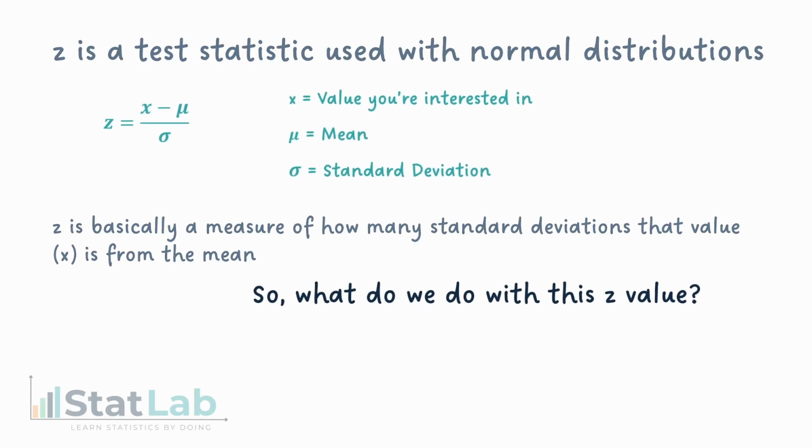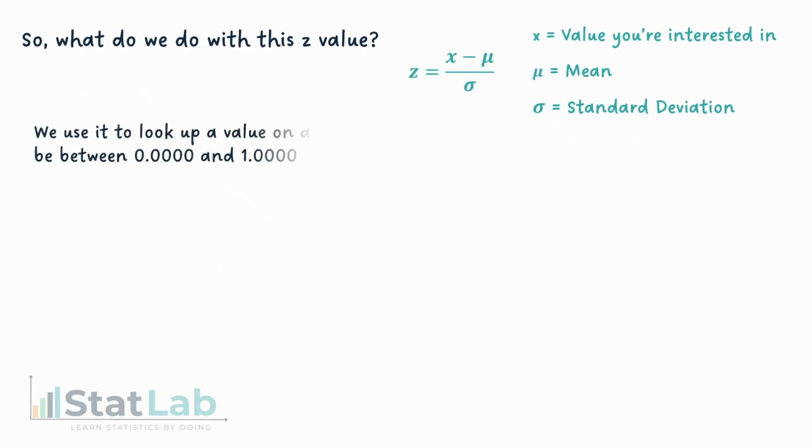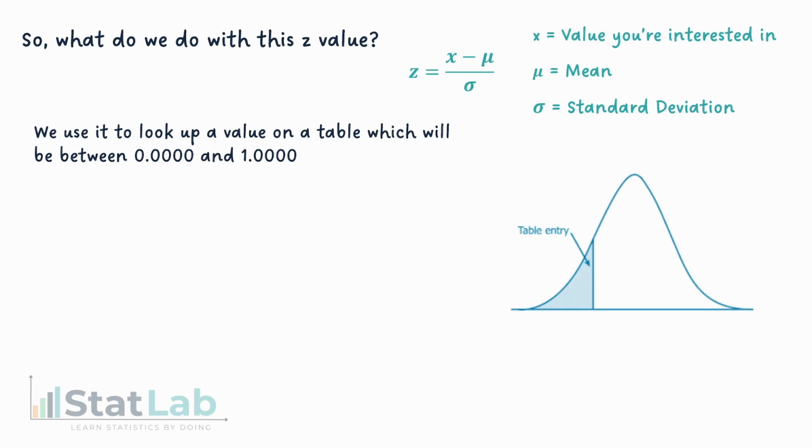Well, let's take a look. We use it to look up a value in a table, which is going to be between 0.000 and 1.000. It represents proportion, where 1 is 100% and of course 0 is 0. If you take a look on the right, you can see a graph. The shaded area represents what the table gives you.